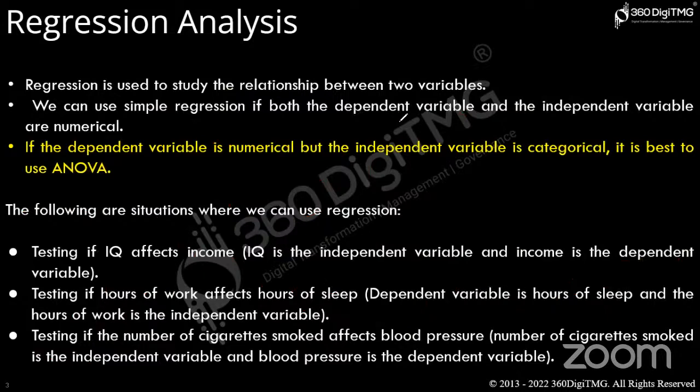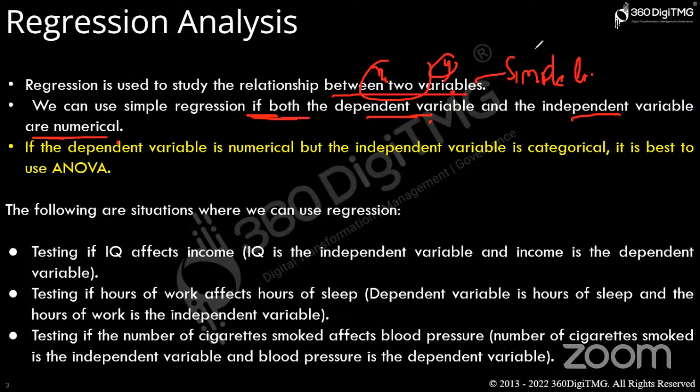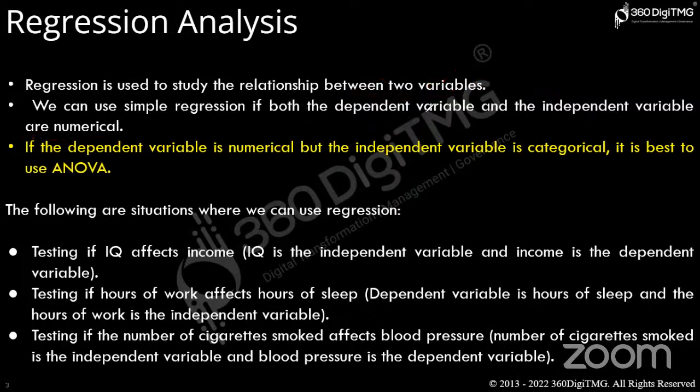So regression analysis is simply the study of the relation between two variables, one input and one output. We can use simple linear regression if both the dependent variable and the independent variable are numerical. Both should be in numeric form, like we discussed earlier. If you have any categorical, you are supposed to convert that into numerical.